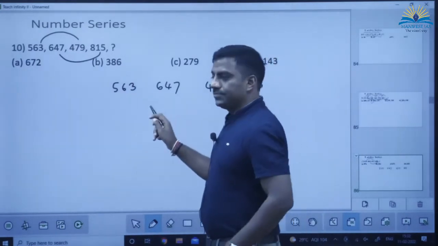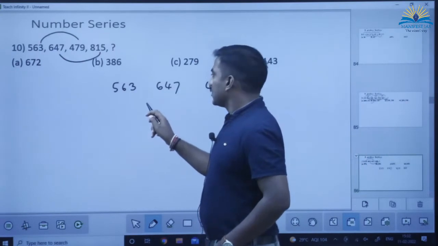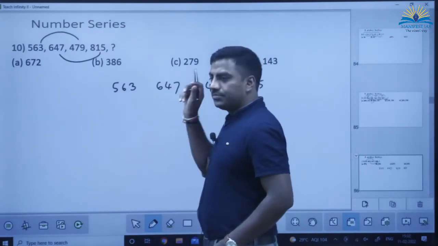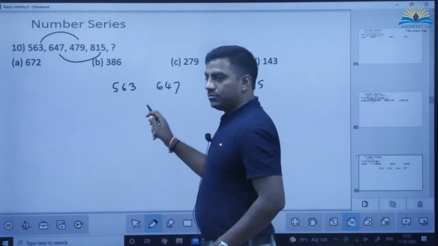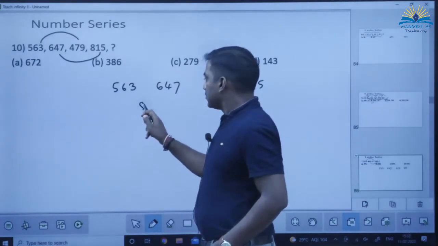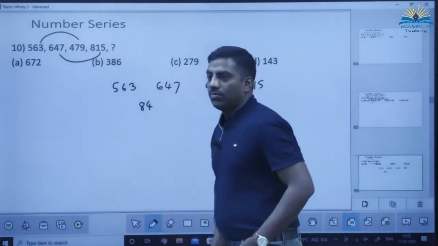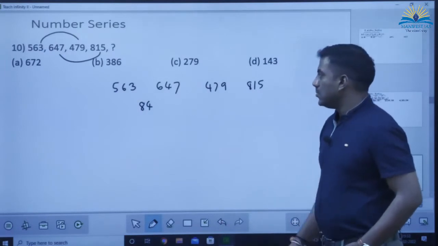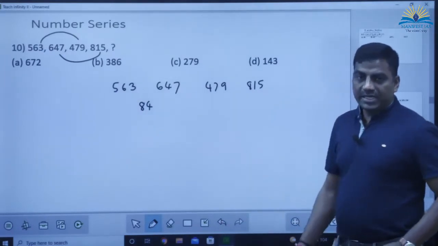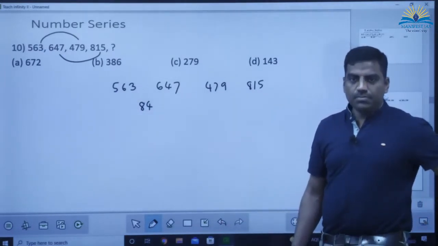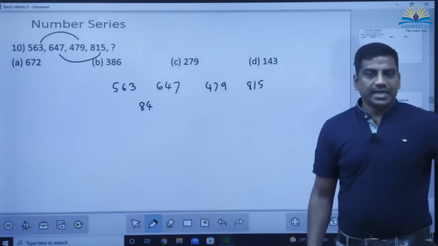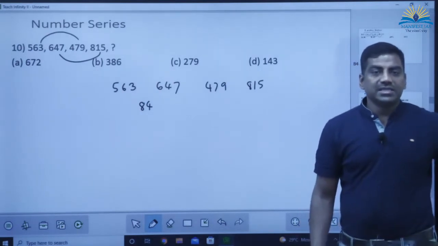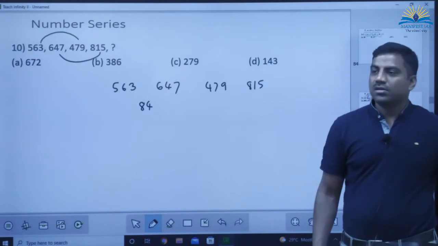Go for the difference. What is the difference here? 84. What about the difference here? It is decreasing. Quick. At least in positive, in addition and subtraction, you have to show your skill.